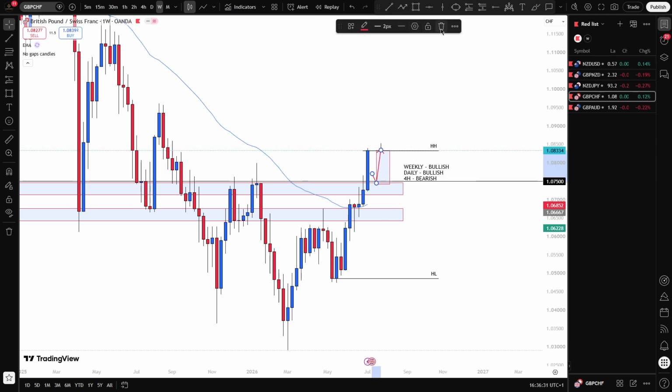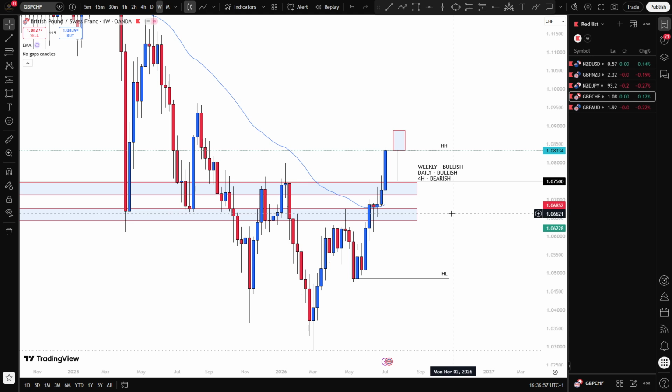Let me remove this. On this pullback, we'll have a candlestick like this. Then within the week or towards the end of the week, the market will pull back again, and on that pullback, it will create a ginormous wick like this, retesting this zone.